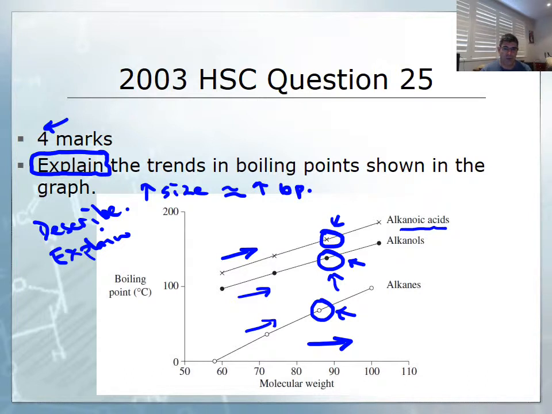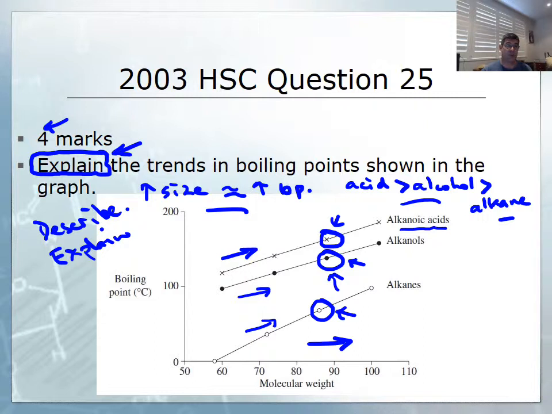It's also true to say that when we take size out, the acid has a greater boiling point than the corresponding alcohol, which has a greater boiling point than the alkane. Now, if you identify these trends, you probably get 2 out of 4, because whilst you've identified them, you haven't actually explained them.